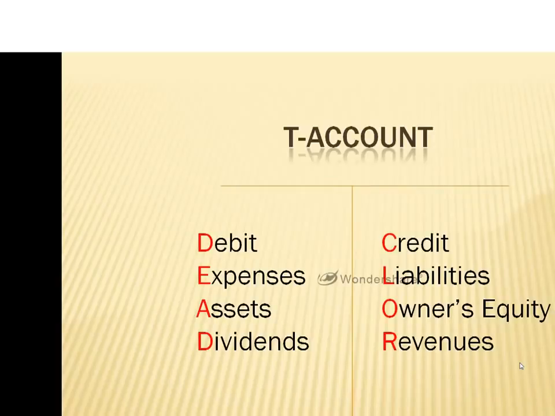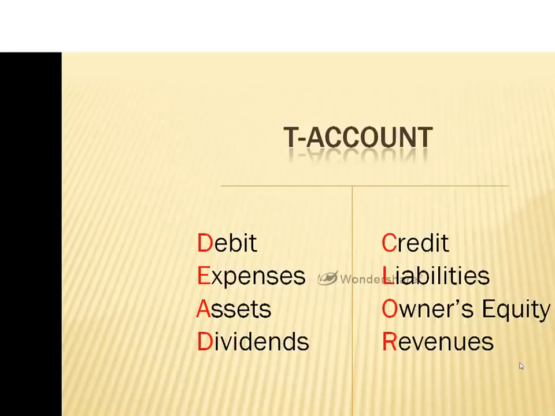If we want to decrease an expense, we would credit it. So the normal balance of the expenses, assets, and dividends is on the left, and it is the debit balance. The normal balance of the liabilities, owner's equity, and revenues is on the right, and it is a credit balance.